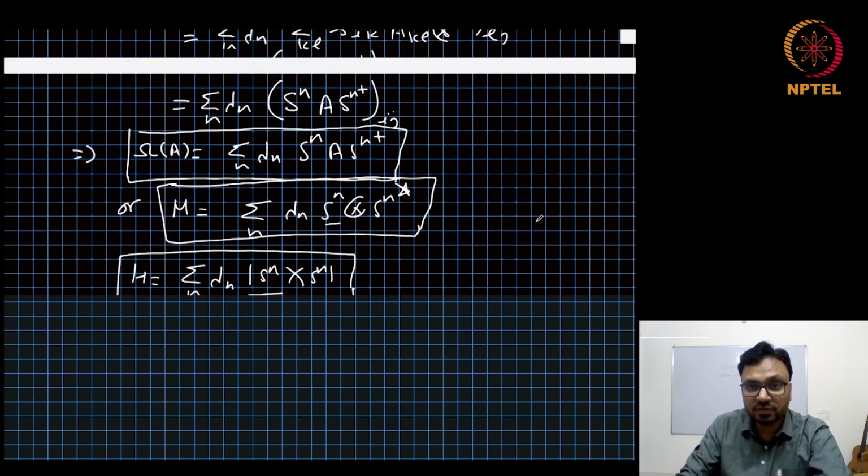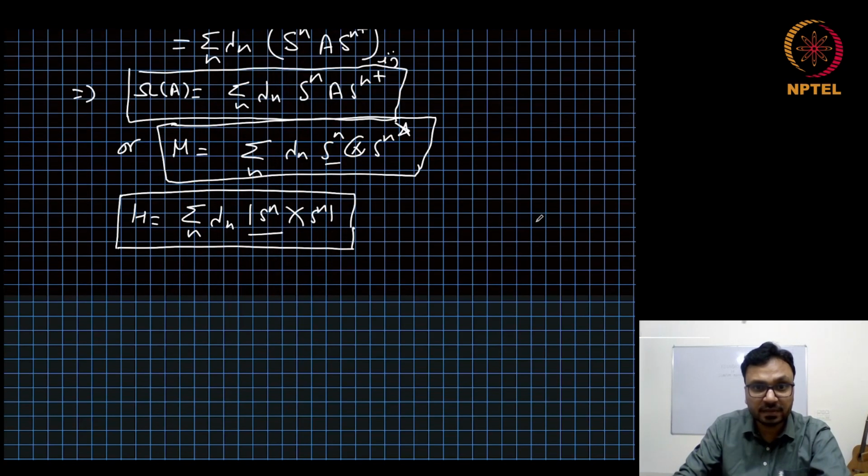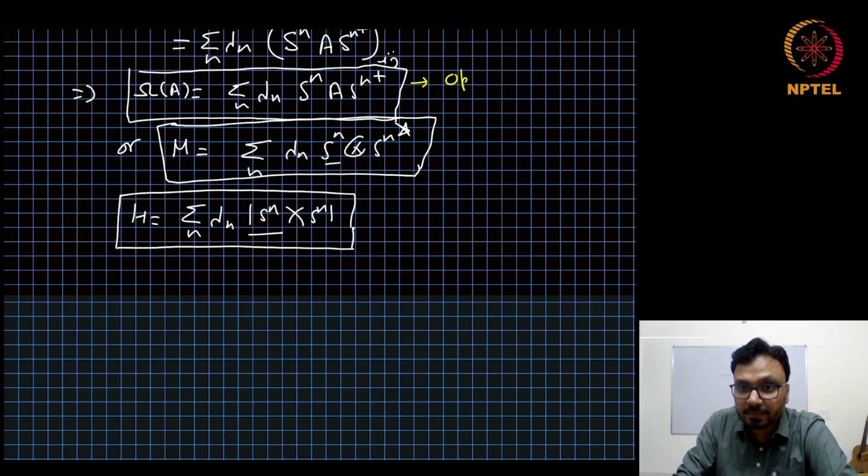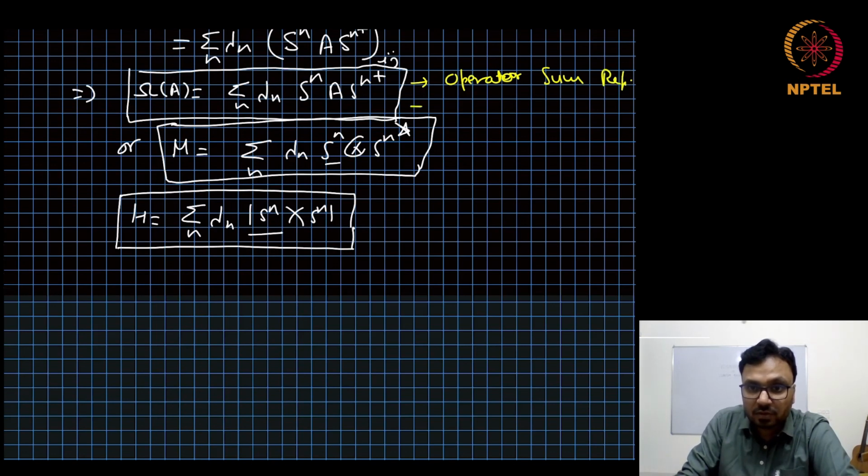This representation of the operator or of the map here is called operator sum representation, or Kraus operator representation.